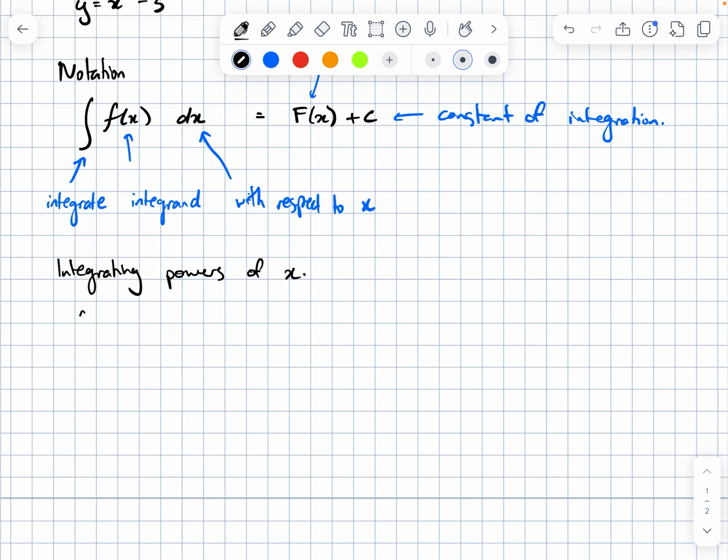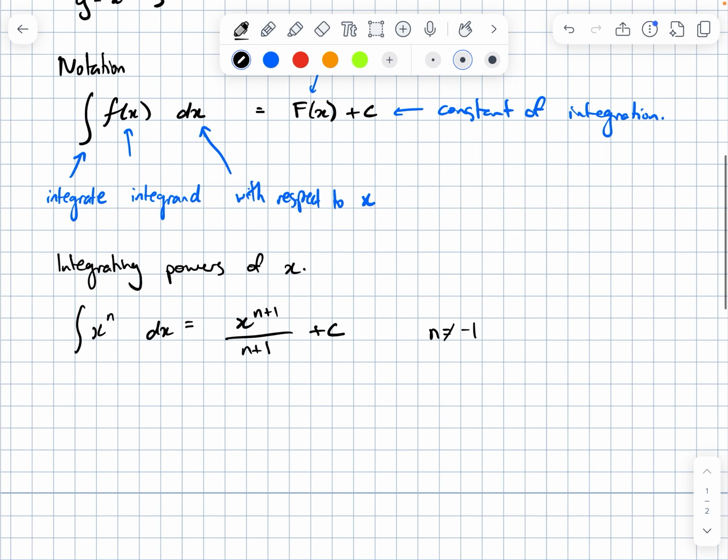And so if you had a function x to the power of n dx, we increase the power by 1, divide by the new power, and add c. Now it's important to note that in this example, n cannot equal -1. If n was equaling -1, we would get a divide by 0 going on, which we can't do.